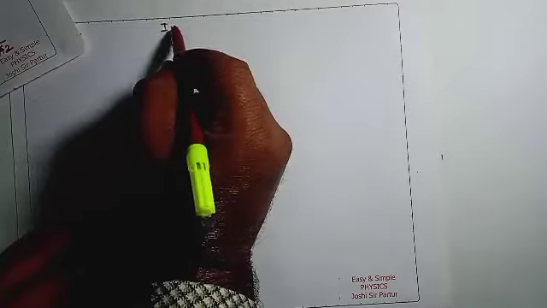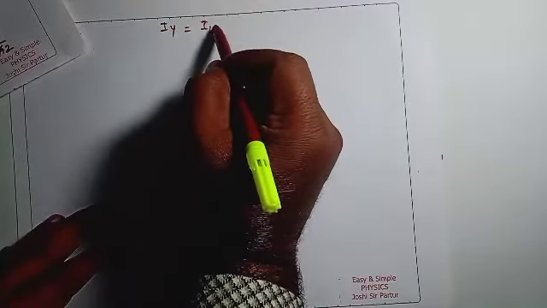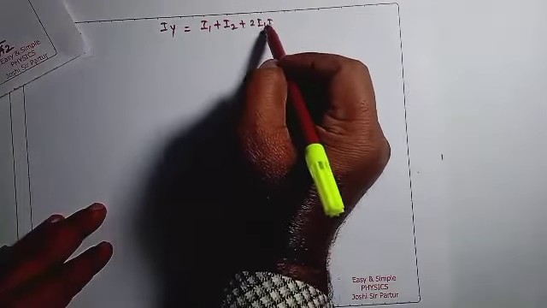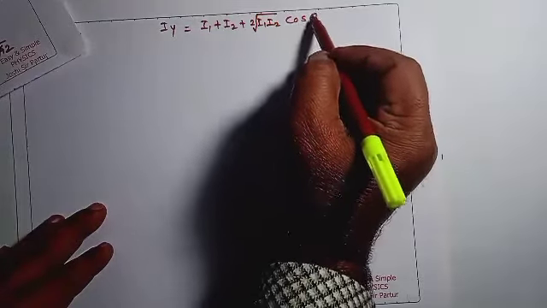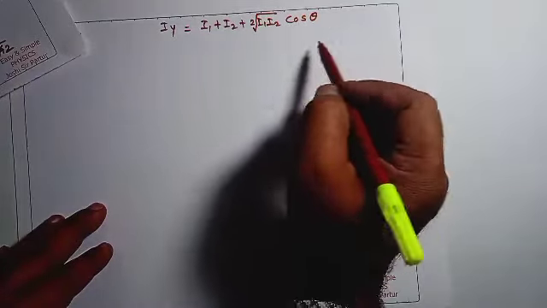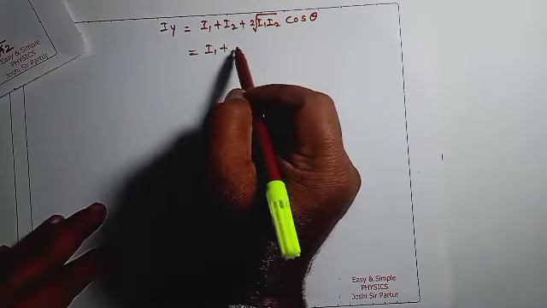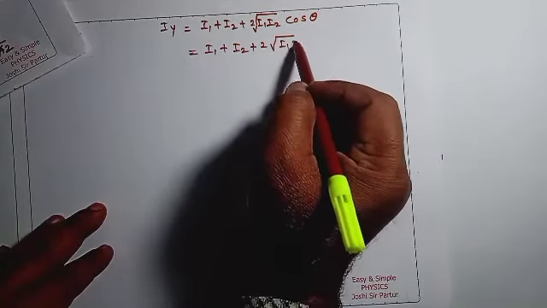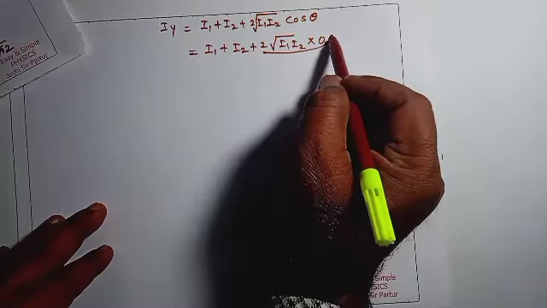For intensity of Y, Iy is equal to I1 plus I2 plus 2 times square root of I1 I2 cos of theta. If theta is 90 degree, cos 90 is 0, it will be I1 plus I2 plus 2 times square root of I1 I2 multiplied by 0. So that is 0 value.